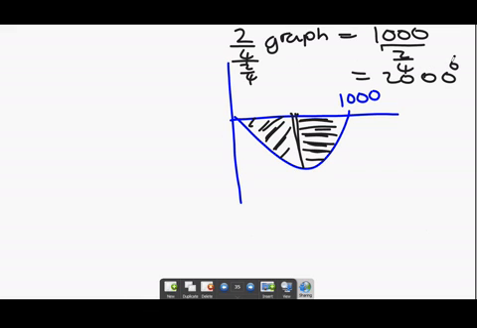So in other words, if you wanted to know the period of a graph, all you have to do is to look at it in quarters. Trying to look at it in terms of whole graphs can be a bit difficult, because you might not be able to see the whole graph, and they might only provide you with a portion of the graph. So normally I use quarters because they will make sure that you can achieve your objective. So that's how we find the period of a graph.